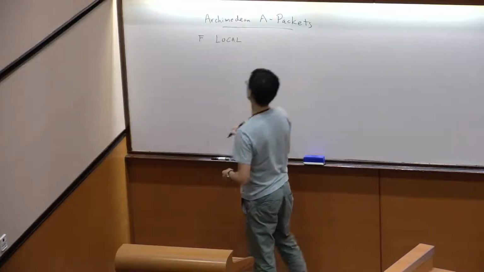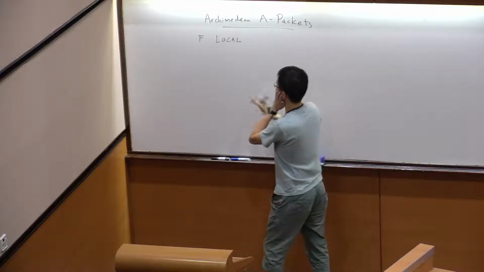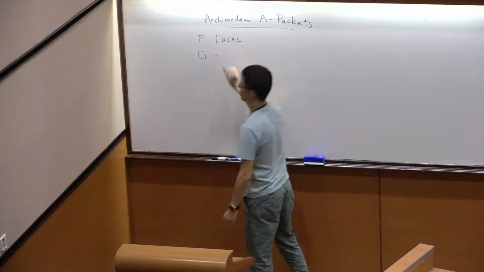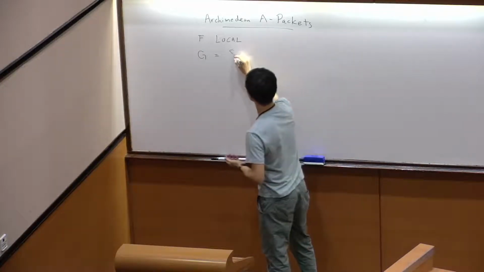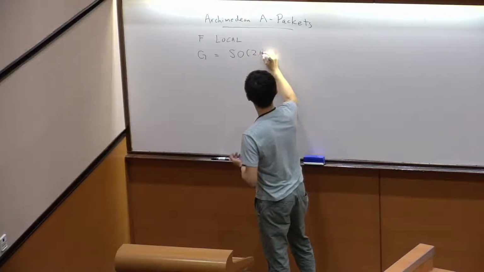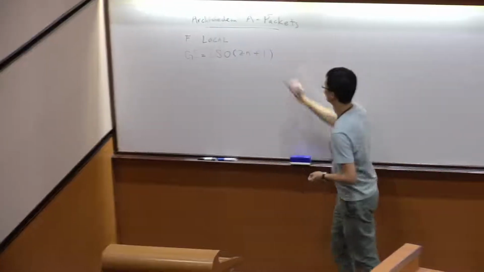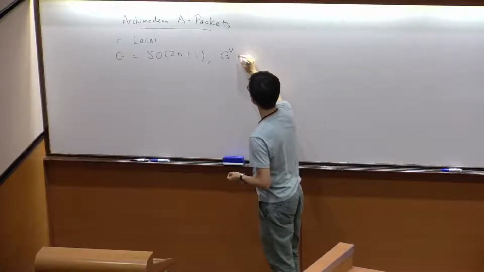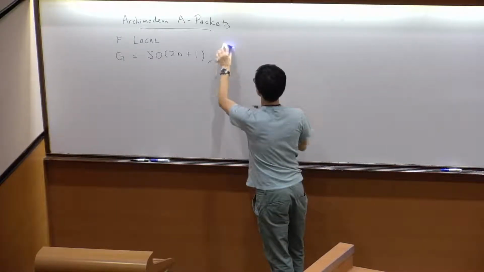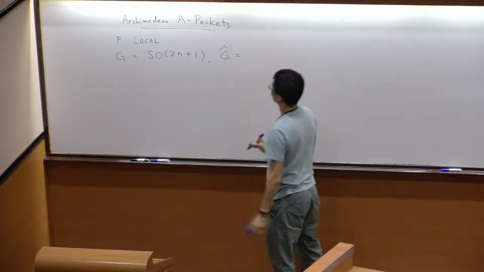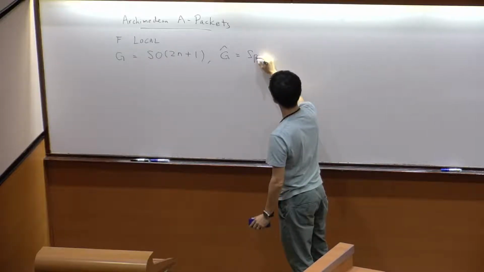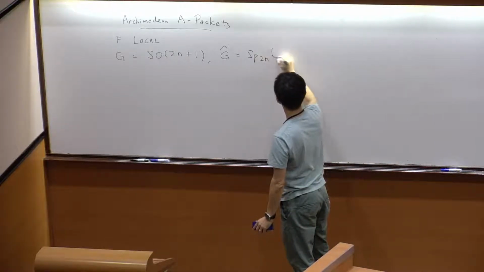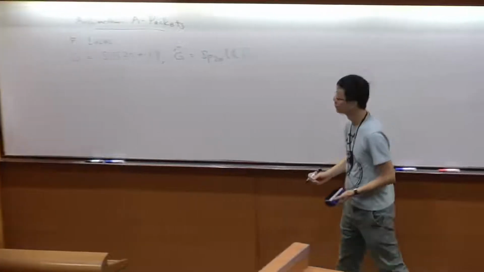If you have a local field, and in this talk, let me just take G to be a very specific group, SO(2n+1). Maybe I call it this way. The Langlands dual group is a symplectic group.